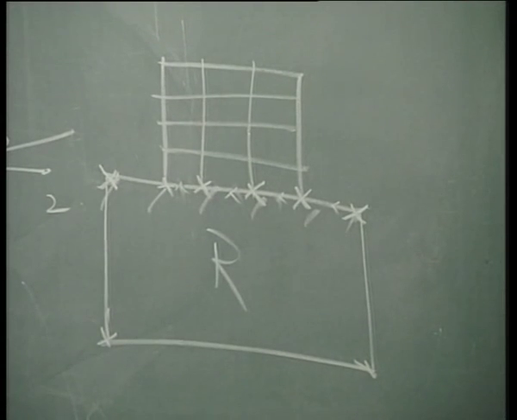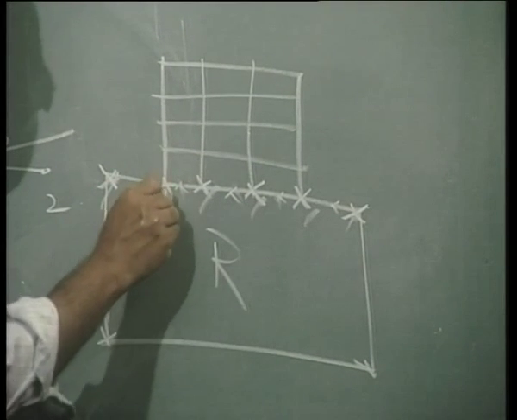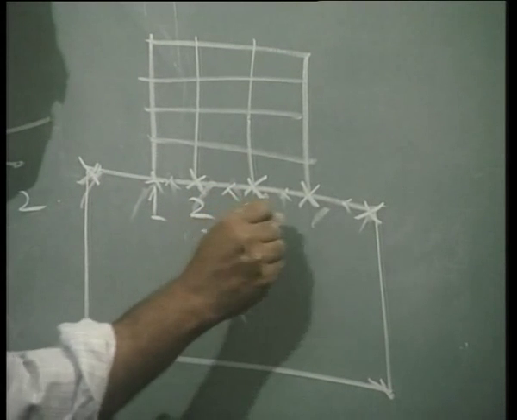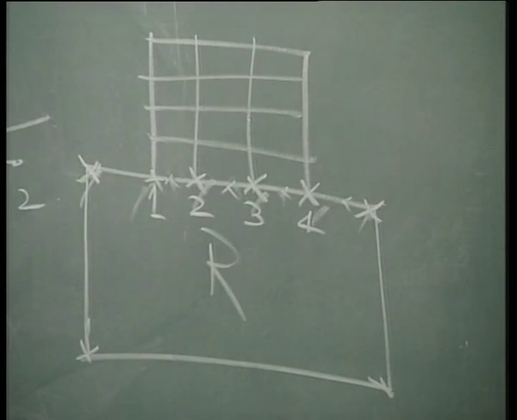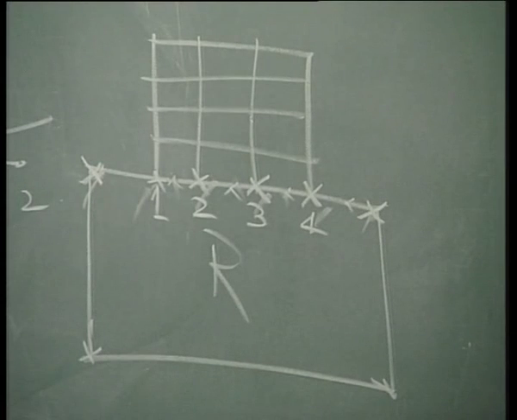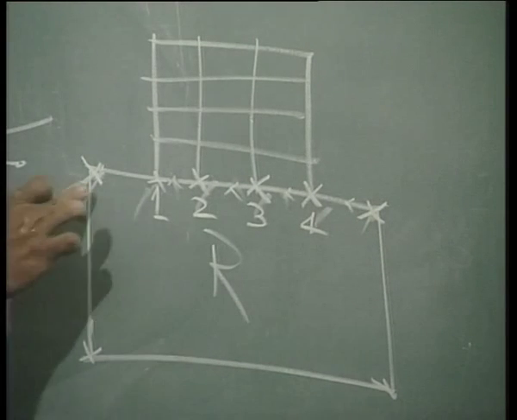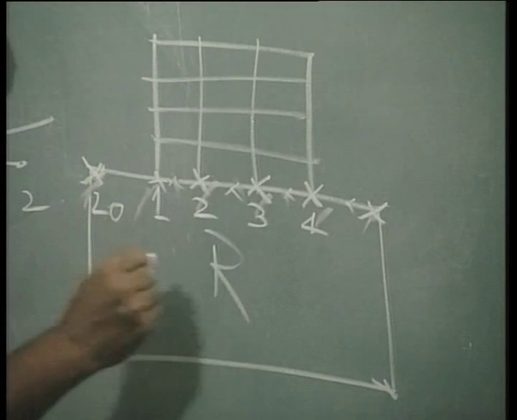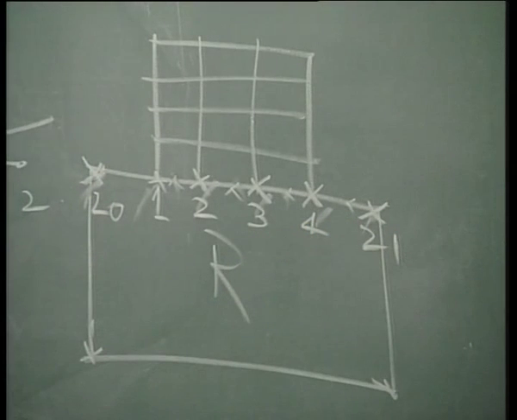Let me number them. Say this is 1, 2, 3, 4. Let us say that the master nodes on either side are 20 and 21, just for illustration purposes.